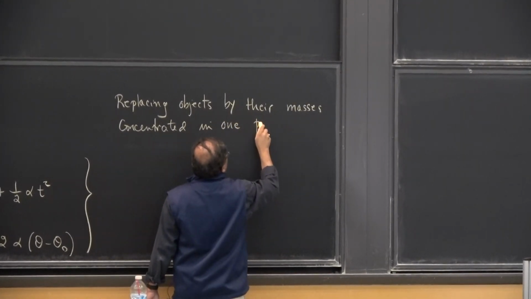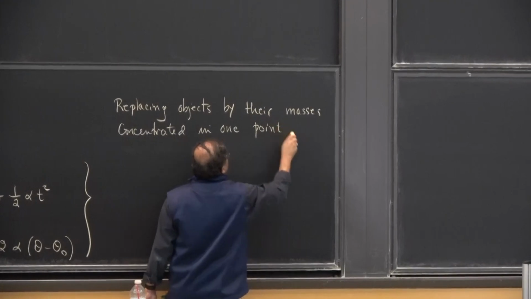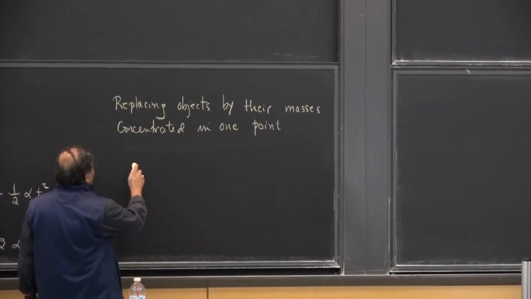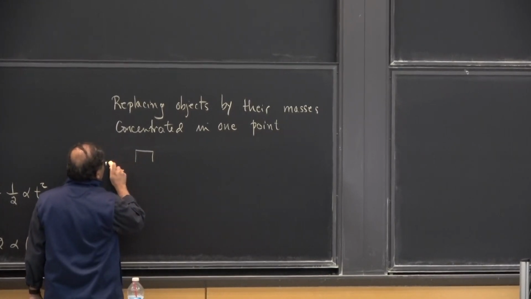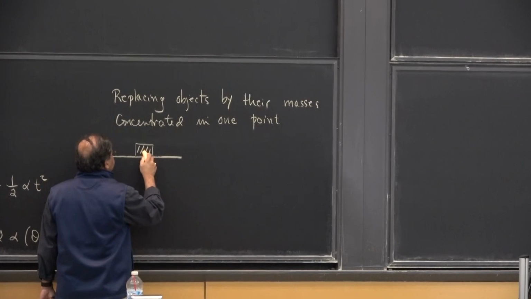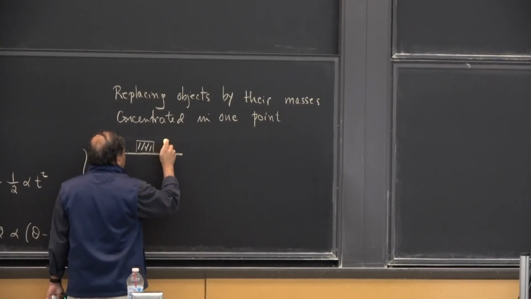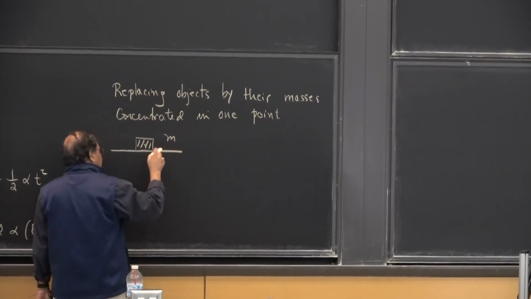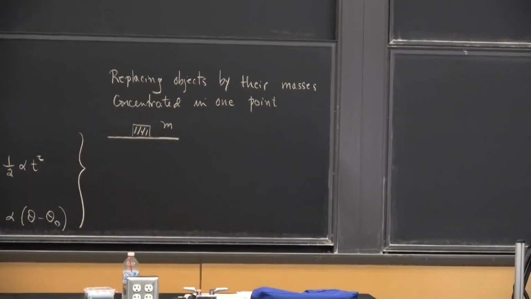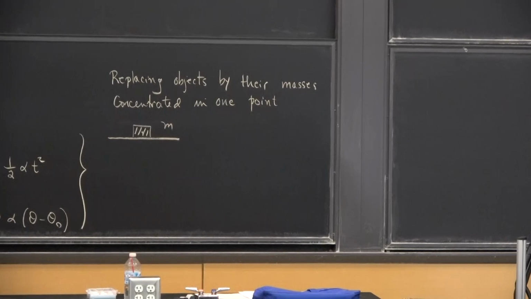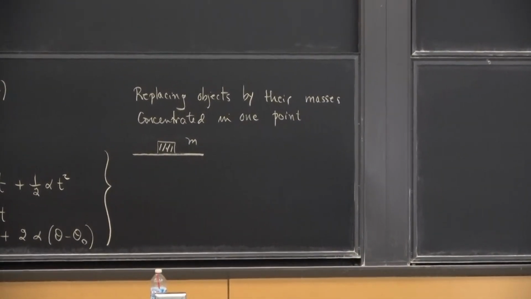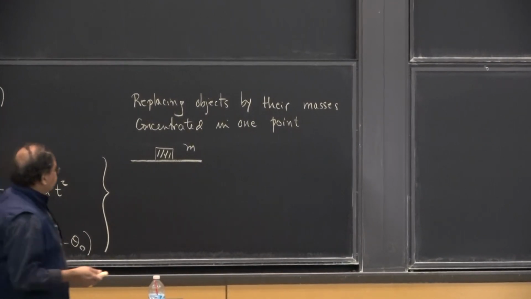It doesn't seem like a big deal once we start doing it, we get used to it. So we can say, well, we have a block here, sitting on a table, and this block has a certain mass m. Intuitively, we assume that we can replace this mass by a single mass point at the center of mass of this object. That's what we have been doing from the very beginning until now.